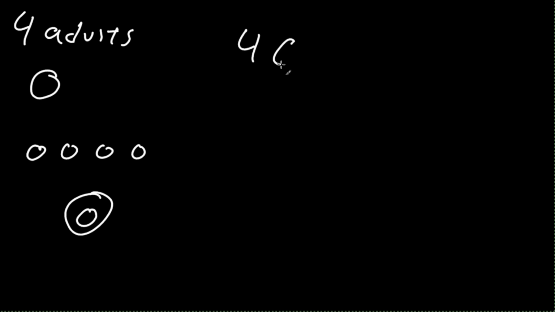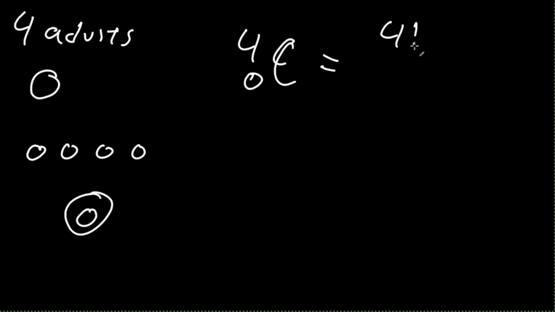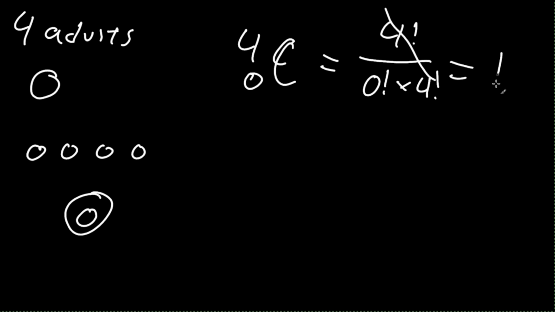So for 4C0, if we want to try this, gives us 4 factorial over 0 factorial, which is 1, times 4 minus 0 is 4 factorial, and these cross out, so you just get 1. So the third rule is AC0 is always just 1.